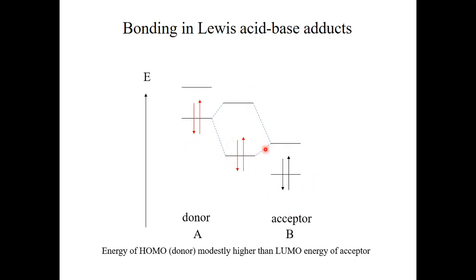Because that bonding molecular orbital, the electrons in it, will be close in energy to the LUMO of the acceptor. It will be located primarily at the acceptor. And that refers to a dative covalent bond which is now polarized toward the acceptor. So we have a polar covalent bond that is polarized toward the acceptor.